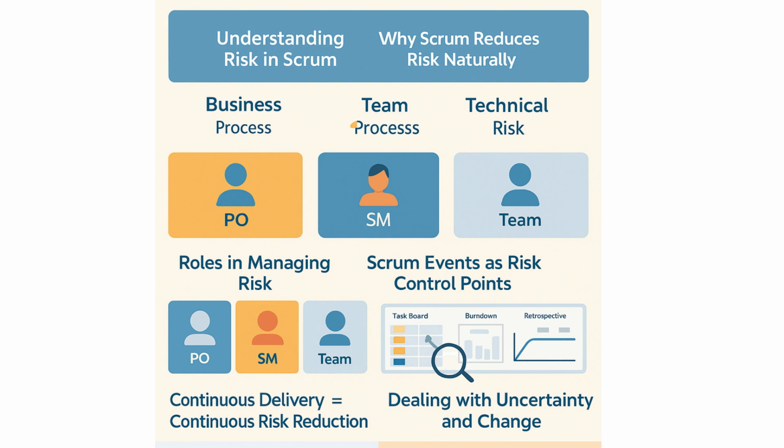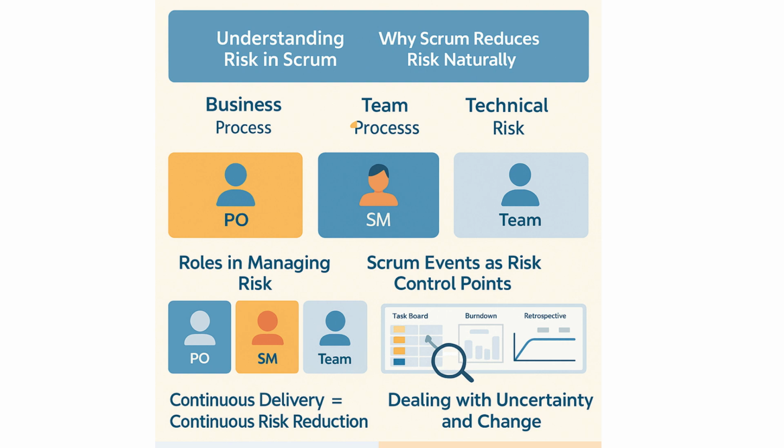The Scrum Master manages process risk, protecting the team from distractions, ensuring the framework is followed, and removing blockers. The development team manages technical risk. By building, testing, and reviewing small increments regularly, they catch issues early instead of waiting until everything is finished. Together, these roles share risk responsibility. No one works in isolation.